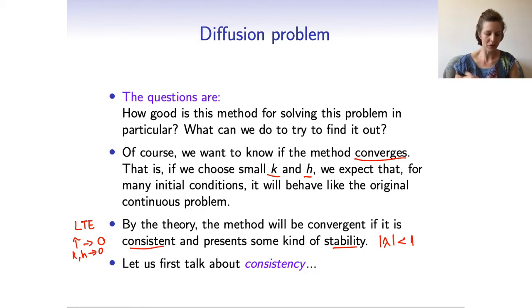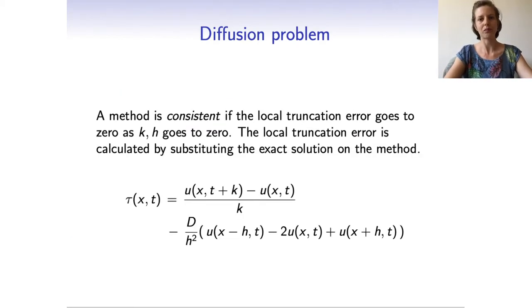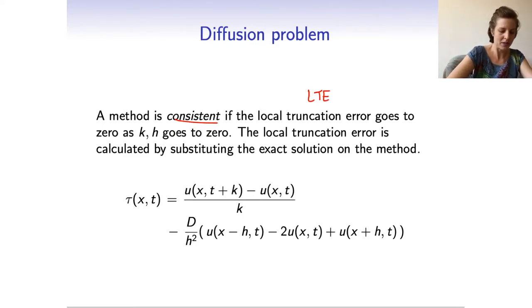So first we are going to talk about the consistency of the method, and therefore for that we need to calculate the local truncation error. So a method is consistent if the local truncation error goes to 0 as k and h go to 0. The local truncation error is calculated by substituting the exact solution in the method.